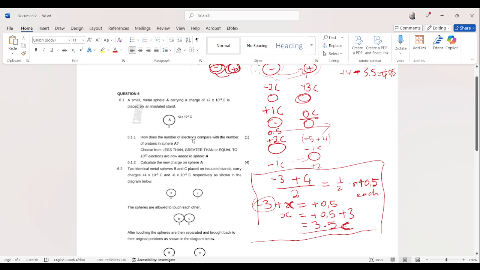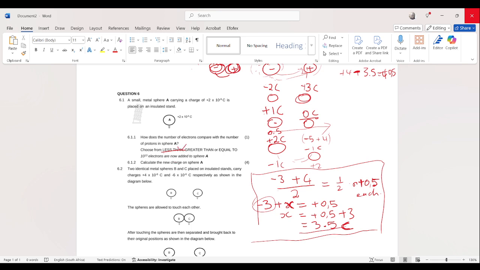You said less than, and that is correct. If you have a deficit of electrons, it means your object will be positively charged because there are fewer negative charges, which are electrons. So the answer is less than.